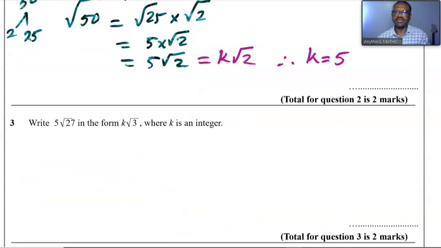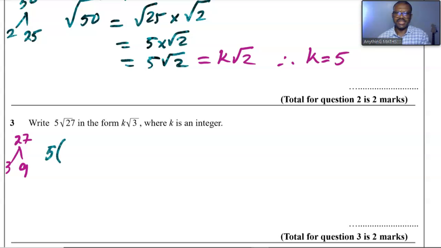The next question, 5 root 27 in the form of k root 3. We still want to use that information of 3. So this is 3, the square number is 9. But remember, we have 5 root 27. The best way to deal with this is to put the root 27 in the bracket.